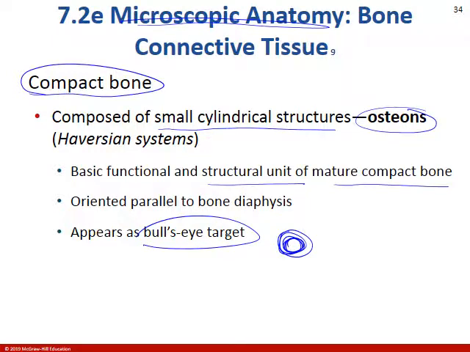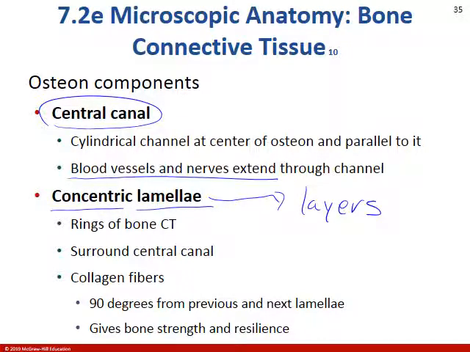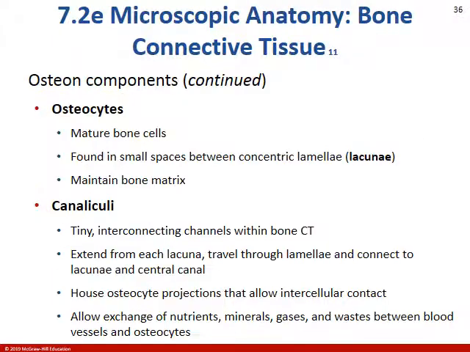You're going to have a central canal, and this is where all the blood vessels and nerves extend through the bone. You have concentric lamella. When you see lamella, I want you to think layers. These are concentric layers of bone surrounding the central canal, and they contain collagen fibers. Remember, bone is mostly collagen fibers that have been hardened by matrix.